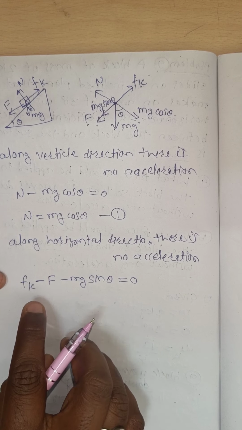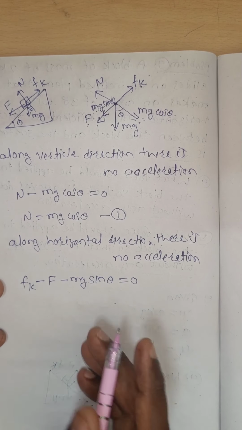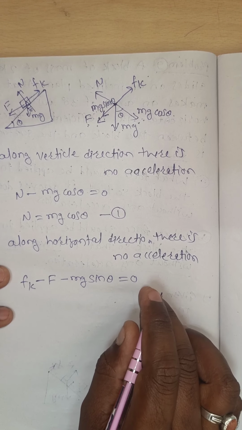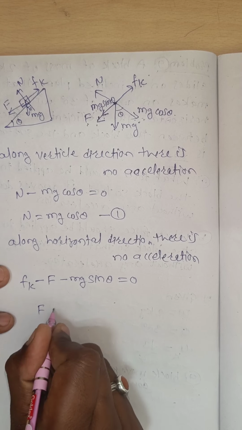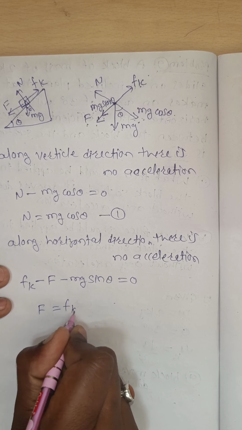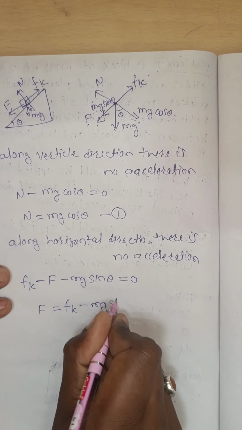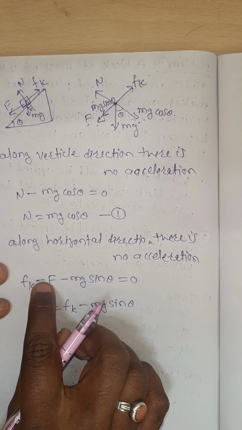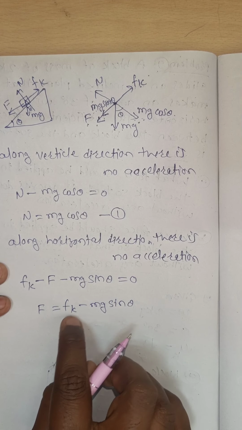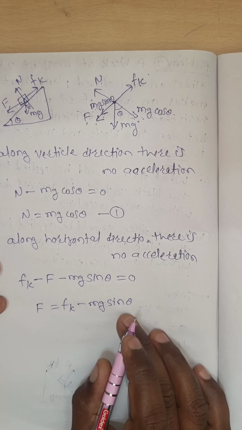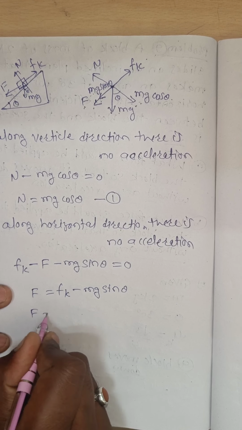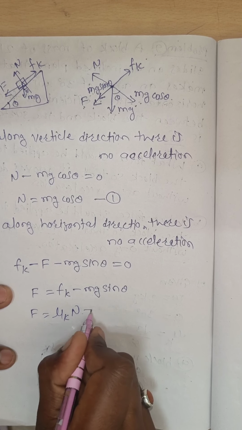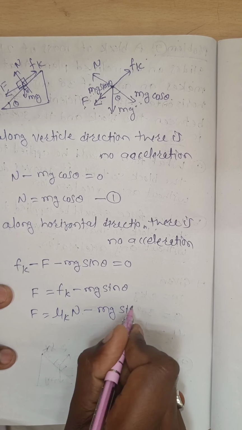Now we put F on one side and all other quantities on the other side. Shifting F to the right-hand side, F is equal to Fk minus mg sin theta. Fk is nothing but mu k into N, then minus mg sin theta.